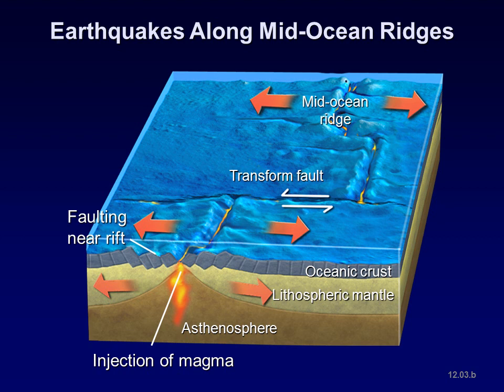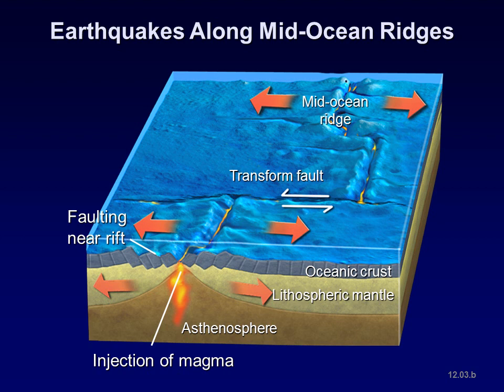Faulting near the rift, we get shallow, medium-sized earthquakes that occur along the axis of the ridge where normal faults down-drop blocks. That's what this looks like, a bookshelf that's been knocked over, the rocks that are on either side of the axis of the rift there. That's what I'm talking about when I say the down-drop of the blocks.